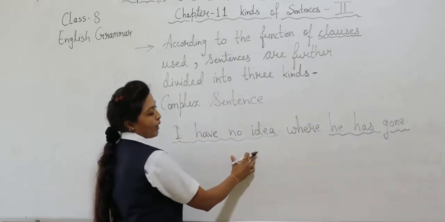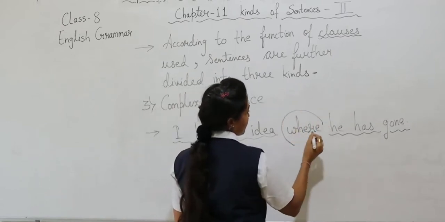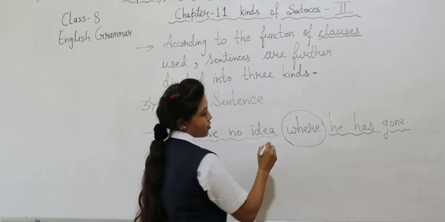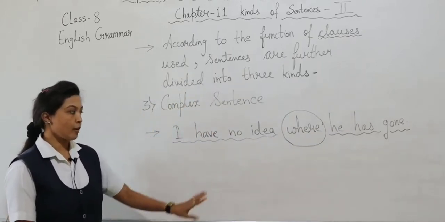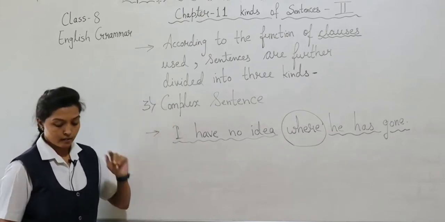So these two parts are joined by a subordinate conjunction. So such type of sentence is called a complex sentence.